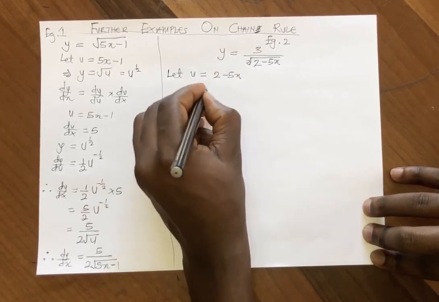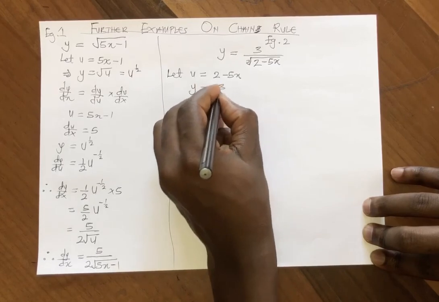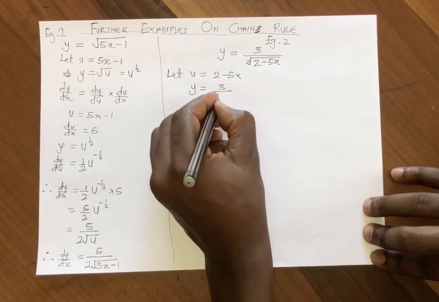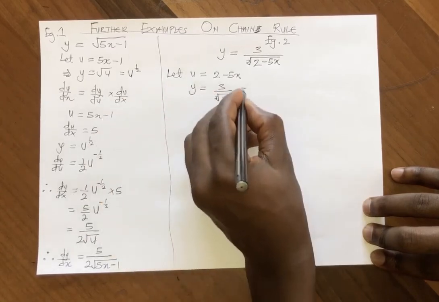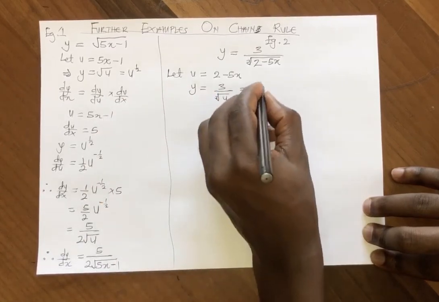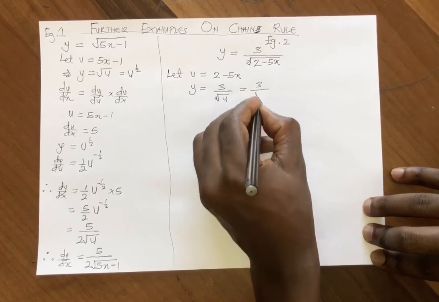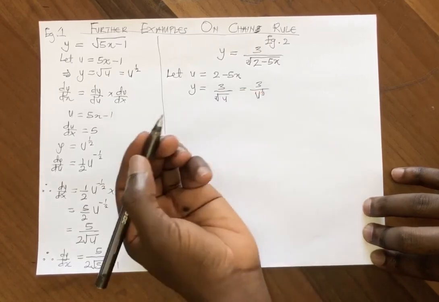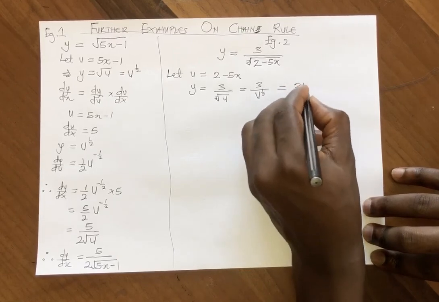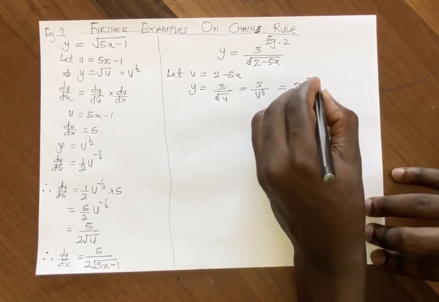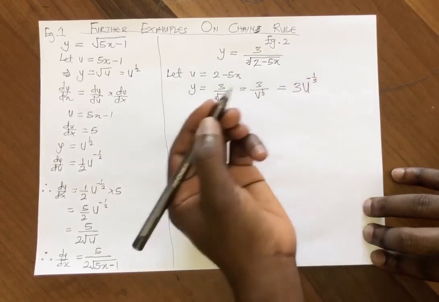So y will be equal to 3 over the cubic root of u, okay? This is the same as 3 over u raised to the power 1/3, okay? Which is the same as 3 u raised to the power negative 1 over 3, okay?